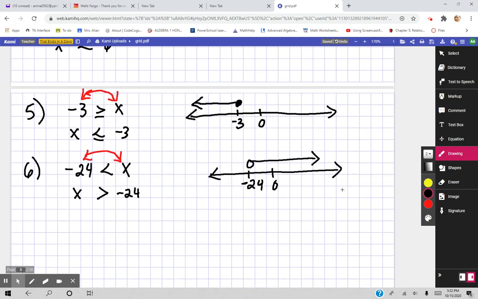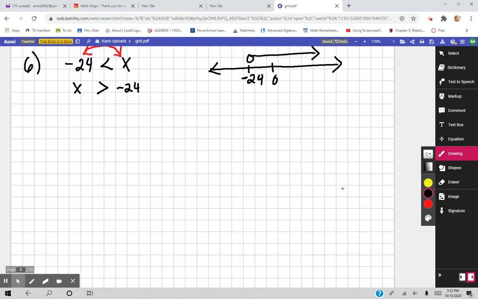Okay, I want to review one more thing. Scientific notation. So some of you are still having problems with adding and subtracting with scientific notation.